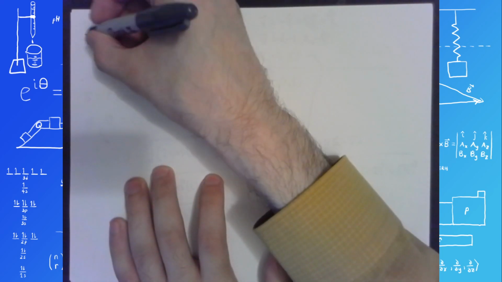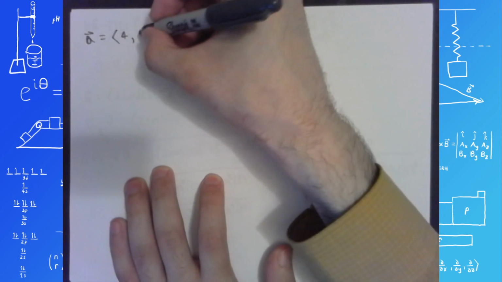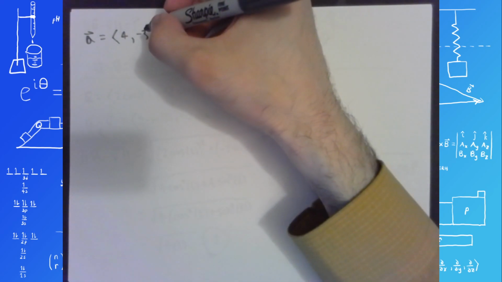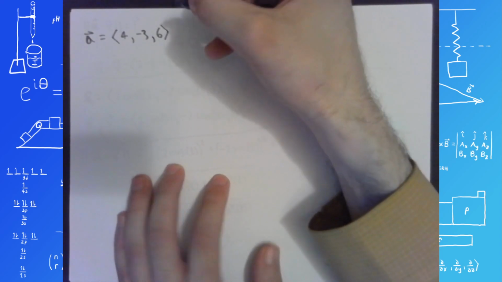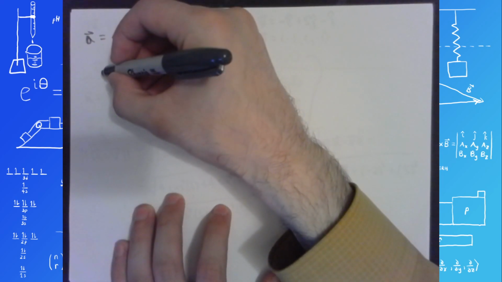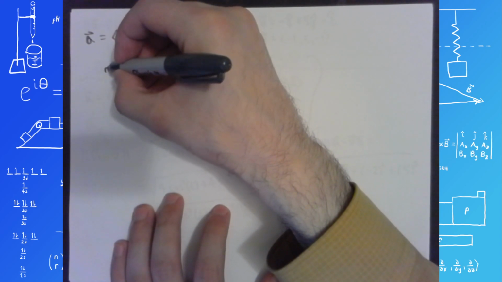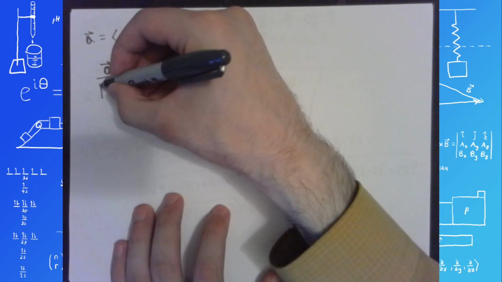So we have a vector A with components 4, negative 3, and 6. And our job is to find a unit vector in the direction of A and express it using standard unit vectors. Okay, the unit vector for A is just going to be A itself divided by its own magnitude, as we showed last time.